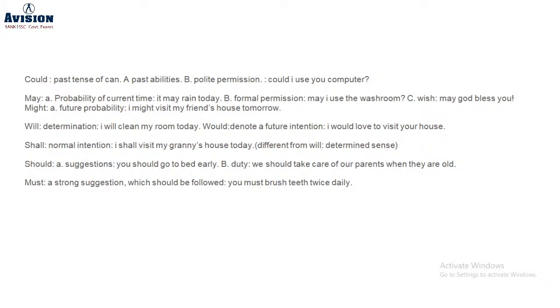Okay, then could can also be used for something which did not happen but there was a chance of happening, like any incident, any unrealized possibility. There was a possibility of something happening but it did not happen. For example, she could have easily joined that course.